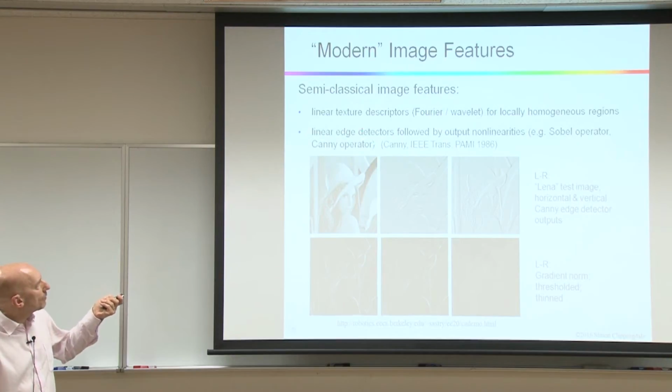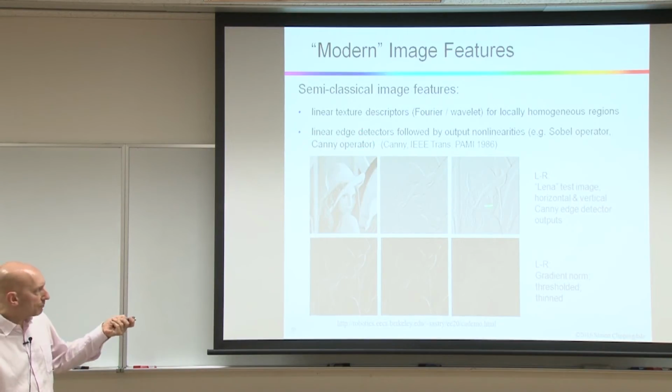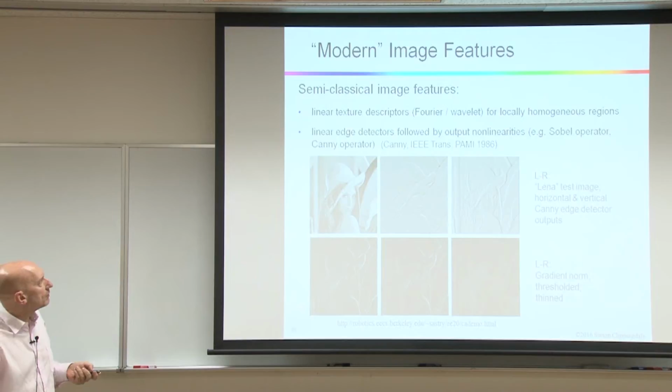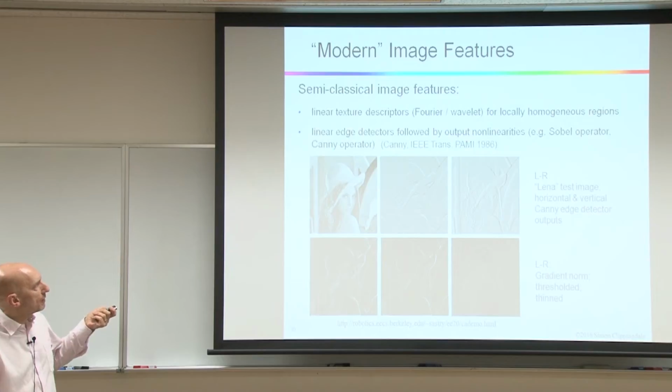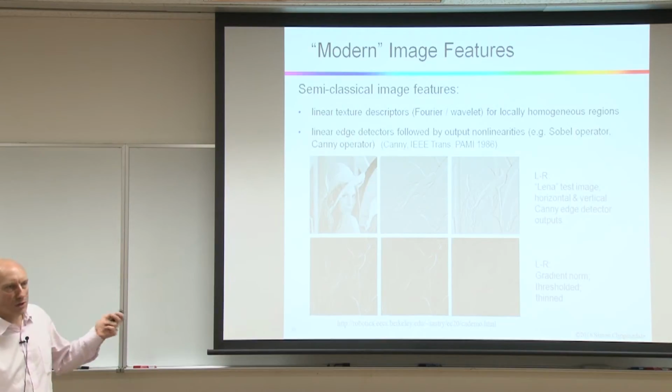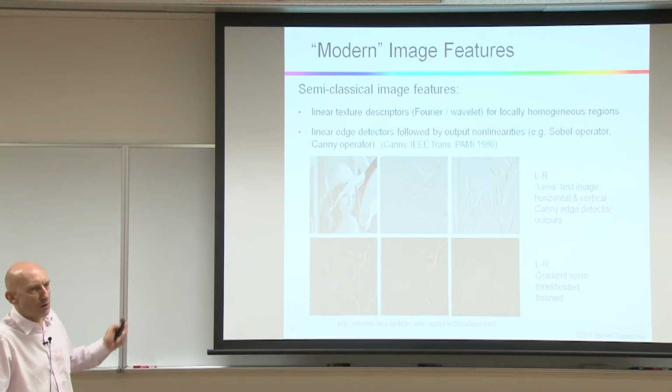And there are edge detectors which detect exactly these kind of points, followed by output non-linearities. There are some operators from the sort of late 70s, I guess, onwards, which tend to try and focus on where the signal changes rather than where it stays the same.